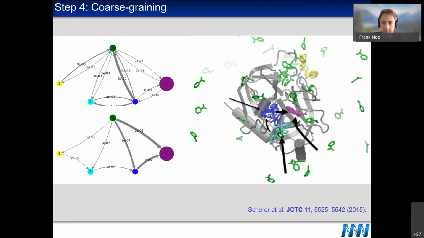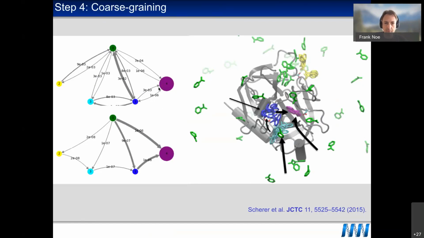And here the different colors are the different metastable sets. They are now mostly in the ligand space, so basically unbound, bound to a pocket which is not the main binding pocket, and then different places to be bound to the binding pocket, and then really bound inside the binding pocket. Those are the different states.